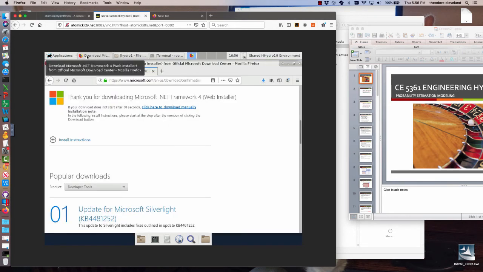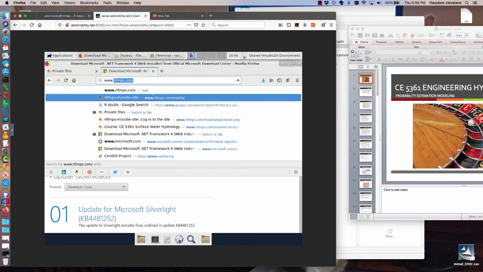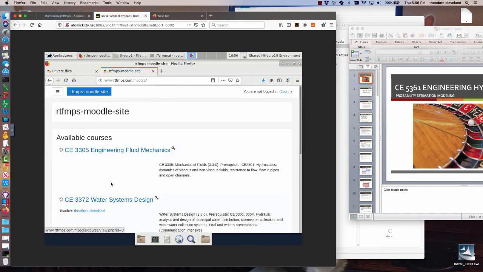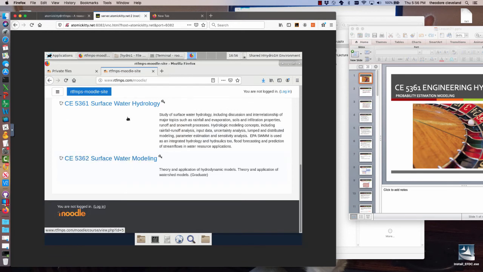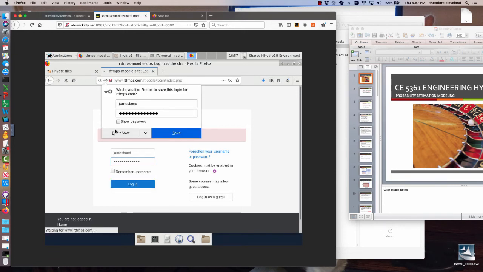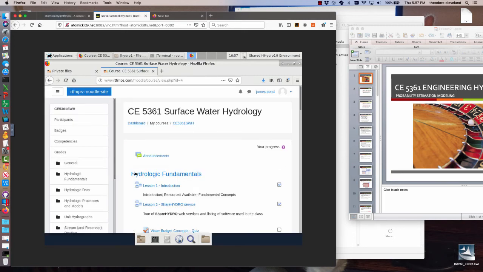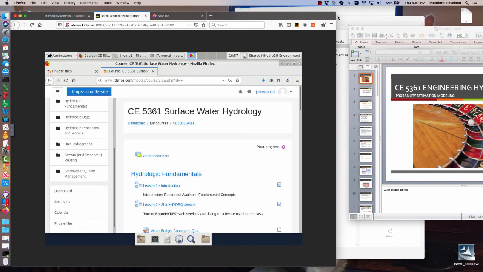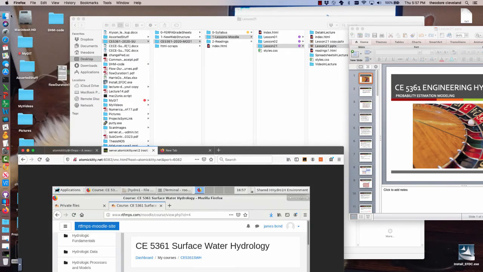So let me go ahead and get that up and running. Now I need to do it on my local machine because I actually hadn't moved the data yet.